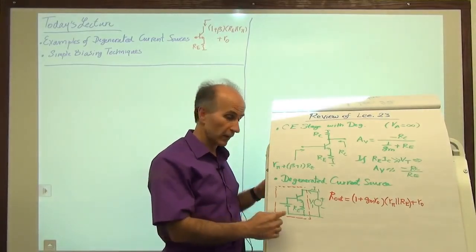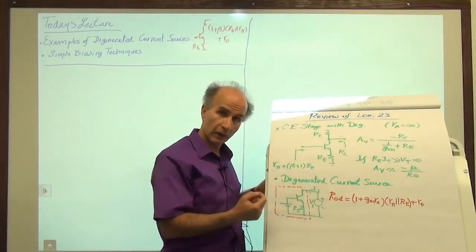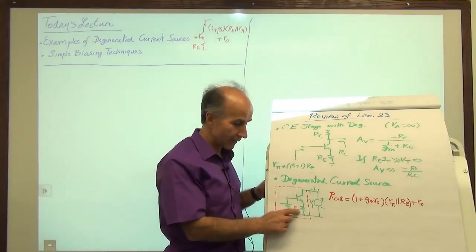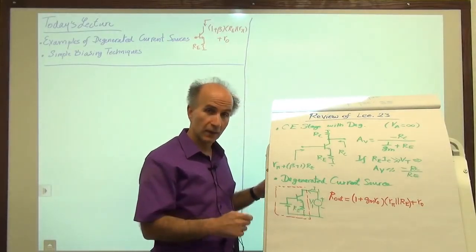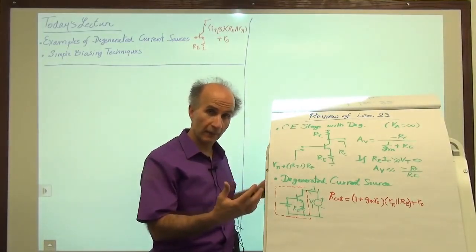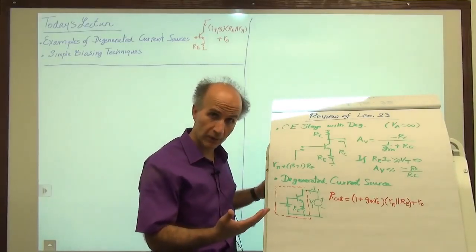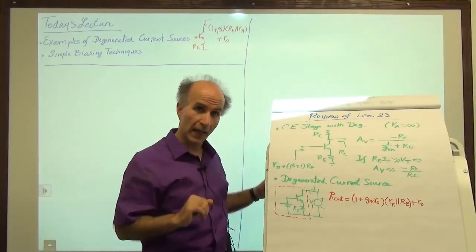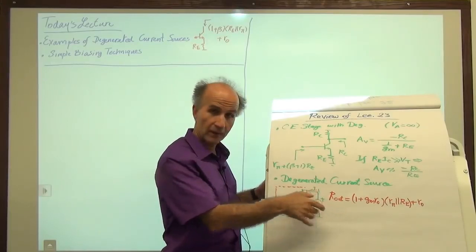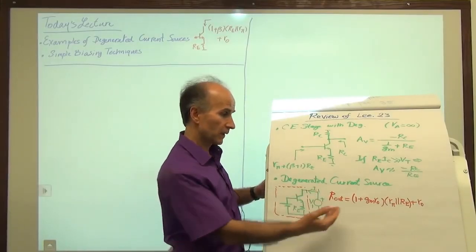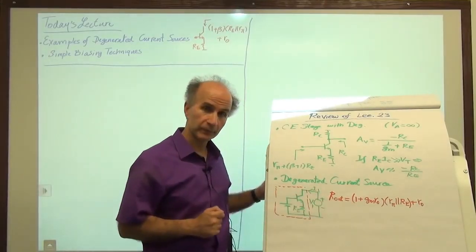It used to be only rO, what we saw between collector and emitter, but as a result of this degeneration, the output impedance has gone up, meaning that we have produced a better current source with less variation as the voltage varies, and the output impedance was given by this equation.